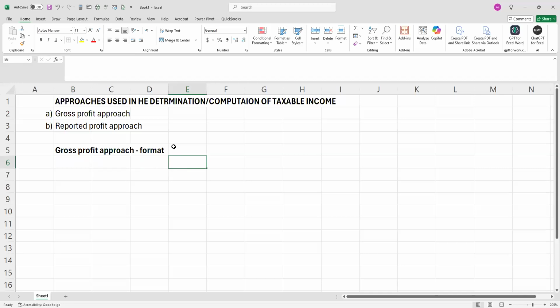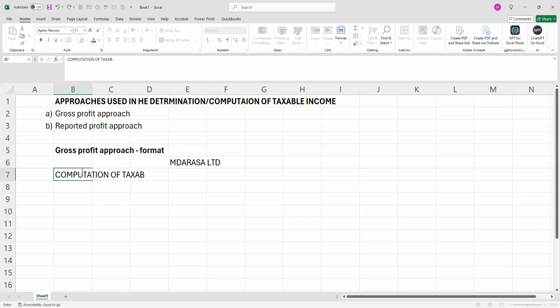Say, for example, you're having Mderasa Limited, computation of taxable income for the year ended 31st December 2024.